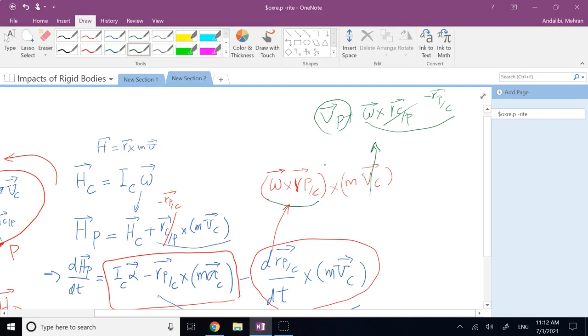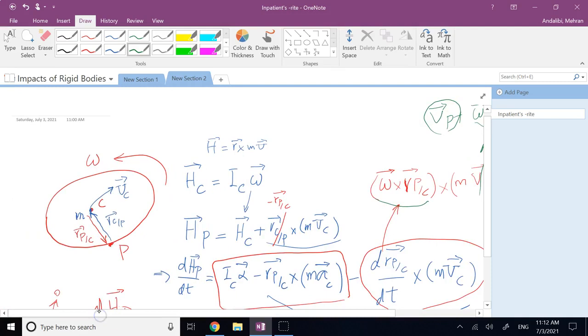Any vector crossed with itself gives 0. So I can get there as long as I can show that this contact point is momentarily stationary. If the contact point is momentarily stationary, it does not move, then I can say yes.